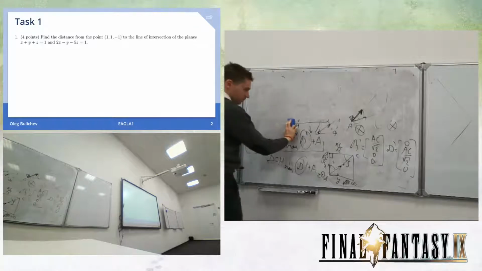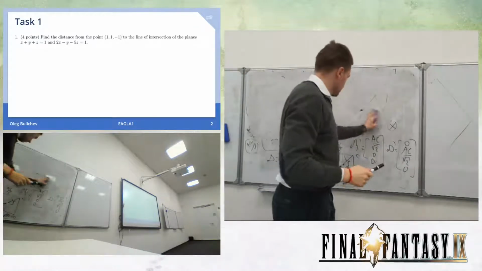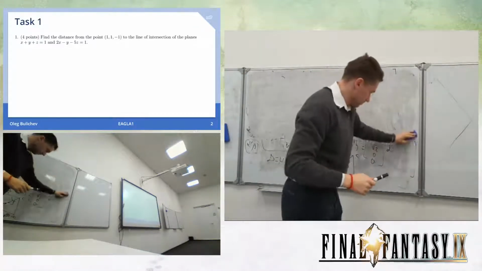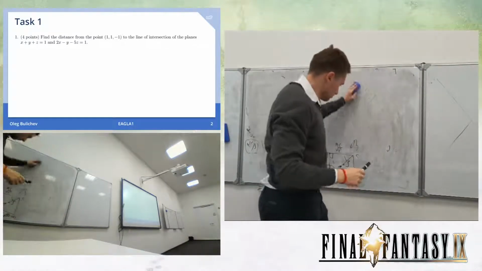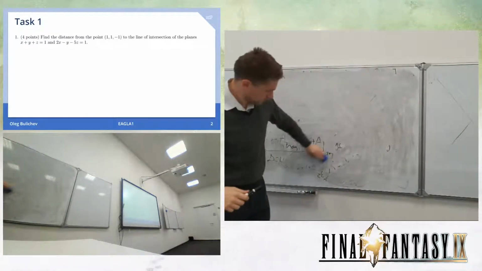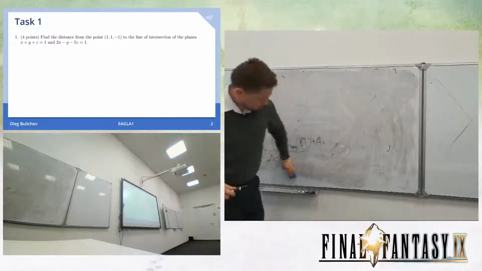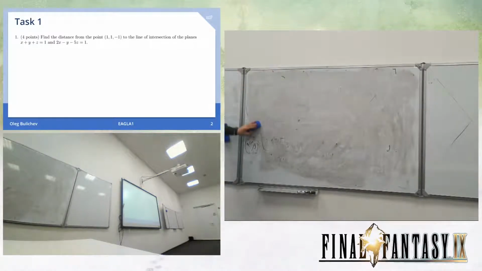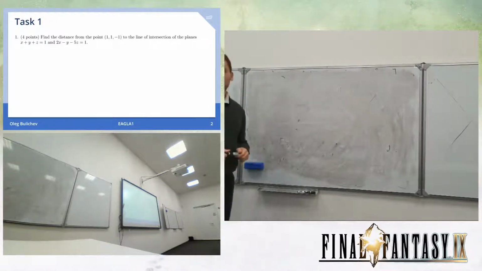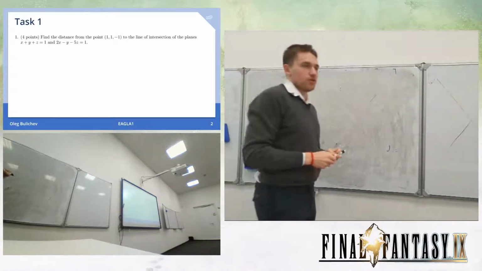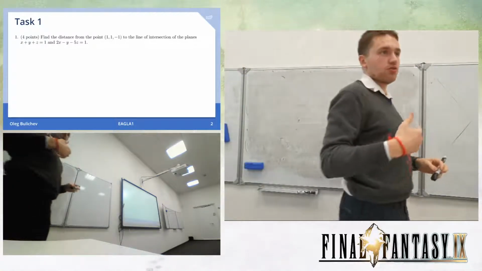It would be a point on this line, and then using the canonical form, we find the equation of the line, and then using the formula find the distance from the point to the line. To sum up, we do 3 steps. First of all, we have the general form. We are going to the canonical form.